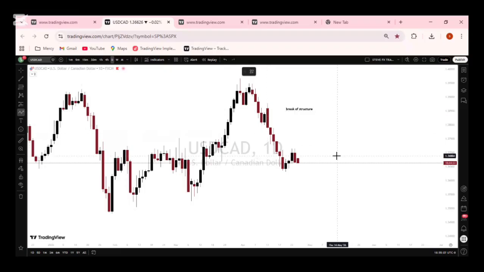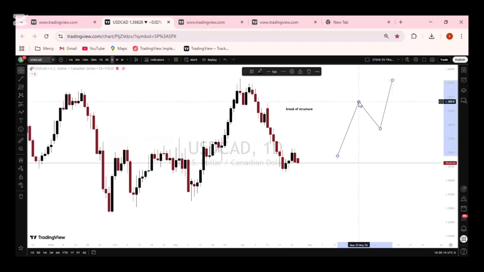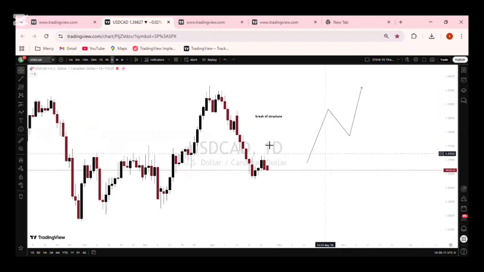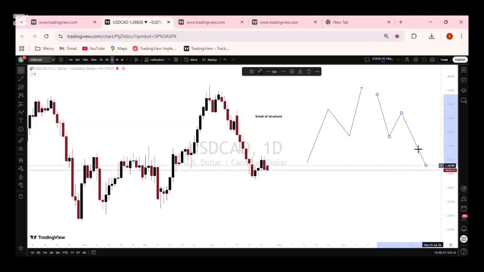We have a bullish break of structure, which is when the market breaks a swing high, and we also have a bearish break of structure, which is when the market breaks a swing low.